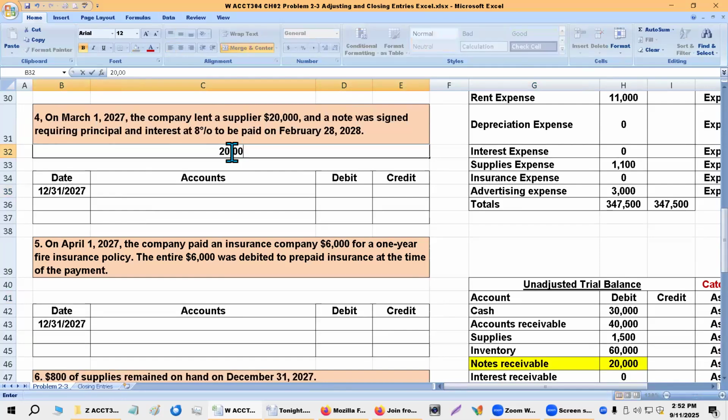So 20,000 times the interest rate, which is 0.08. How many months do they owe us interest for?